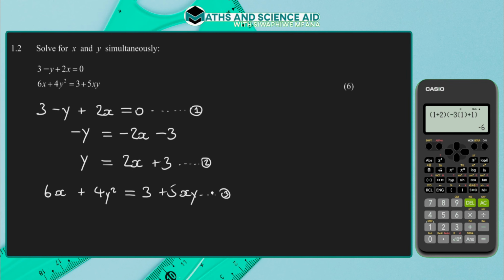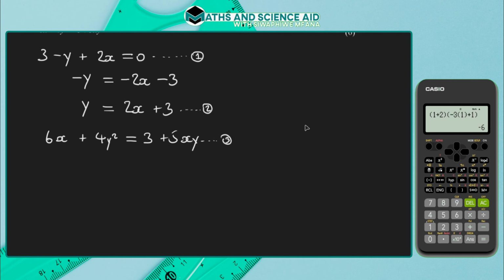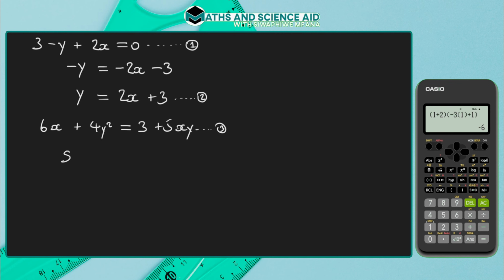Now, you need to bear in mind that equation 1 and 2 are actually the same equation. The only difference is that we have manipulated equation 1 and rearranged the terms when forming equation 2. But technically, they are one and the same thing. So this is important for the next step, because in the next step, we are going to substitute equation 2 into equation 3, not into equation 1.